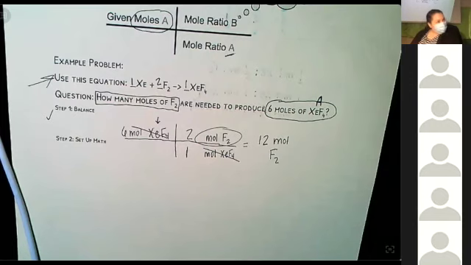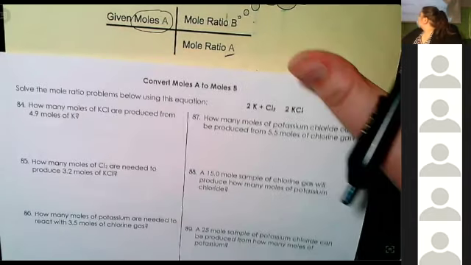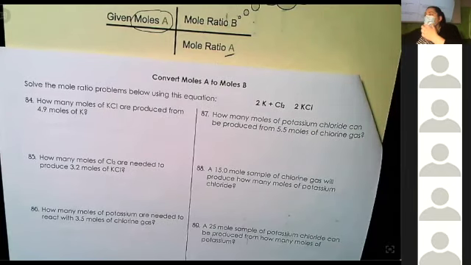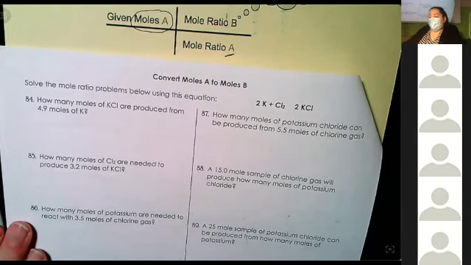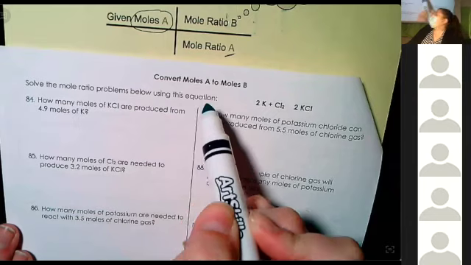All right, grab your packet again, please, and turn to page 10. The first thing you need to know is that it says here at the top, solve the mole ratio problems below using this equation.